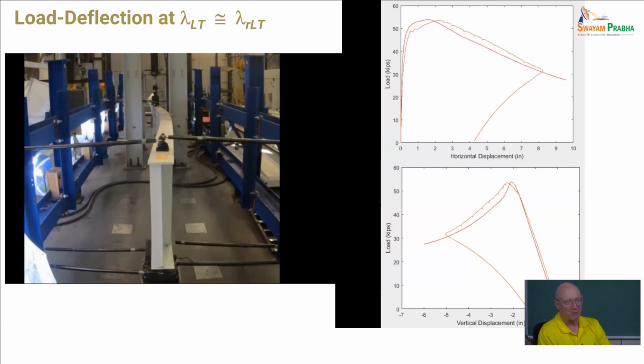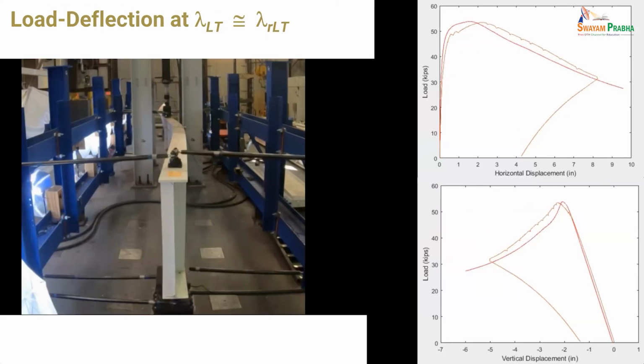That's a big part of what's causing the reduction in the strength. So what you can see here on the right is basically our prior prediction for this particular test, and then the test result.